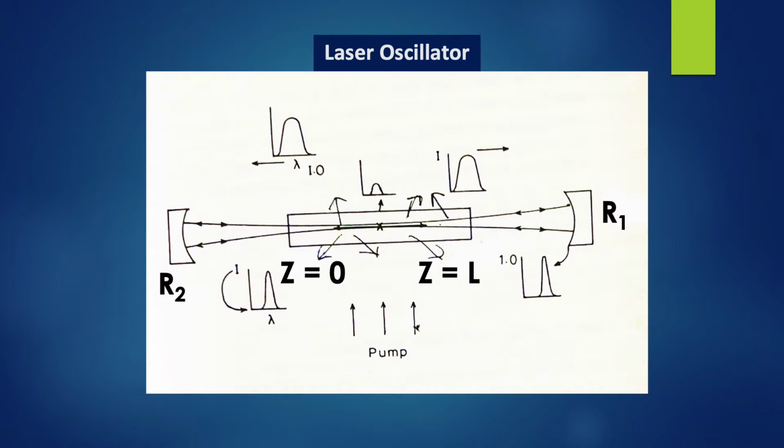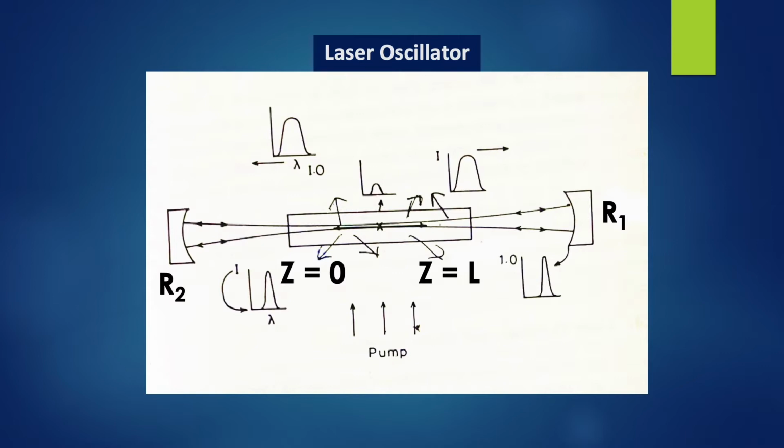This equation I have already explained, but it is worth repeating because it is a crucial point. I have supplied enormous energy so that there is a population inversion inside the medium.